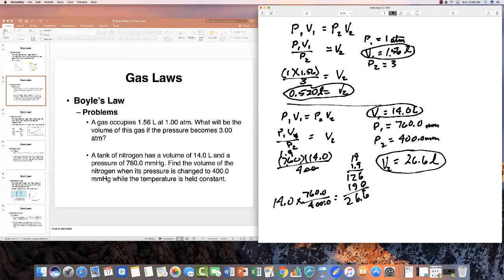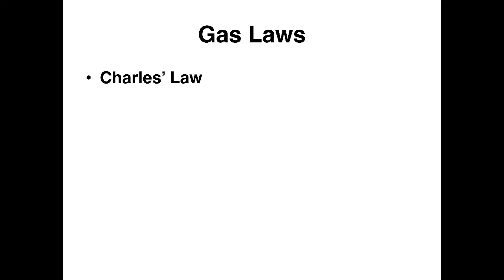Then you multiply that and see if you get the same answer, and you will. But I recommend, as those are just double checks, use this formula when you do these problems so you don't get confused. The second law that we're going to talk about is called Charles' law.